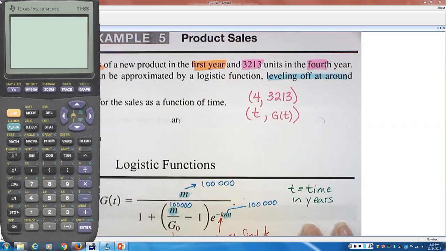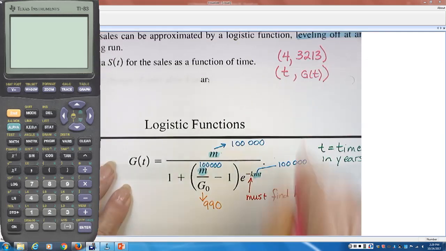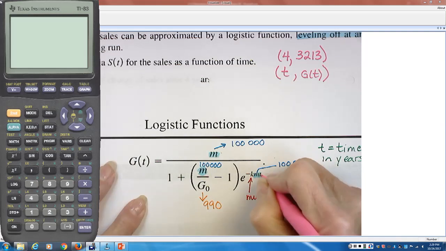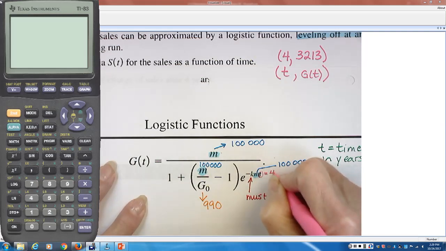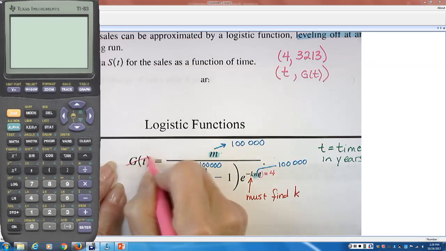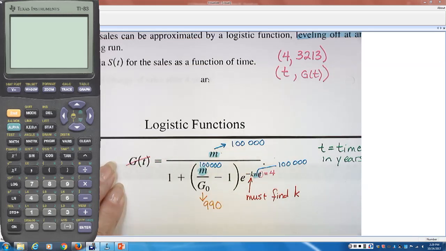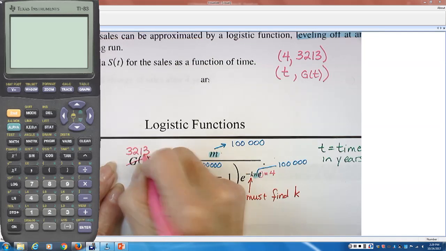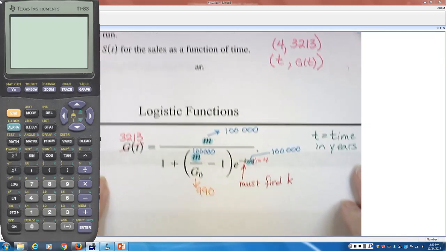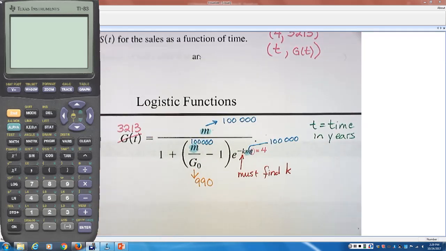So we're going to come down here, we're going to take that information and we're going to let T right here be equal to 4. And we're going to let G of T, or G of 4, be 3213. So before we try to actually solve that and find out what K is, does anybody have any questions about where any of that information came from?